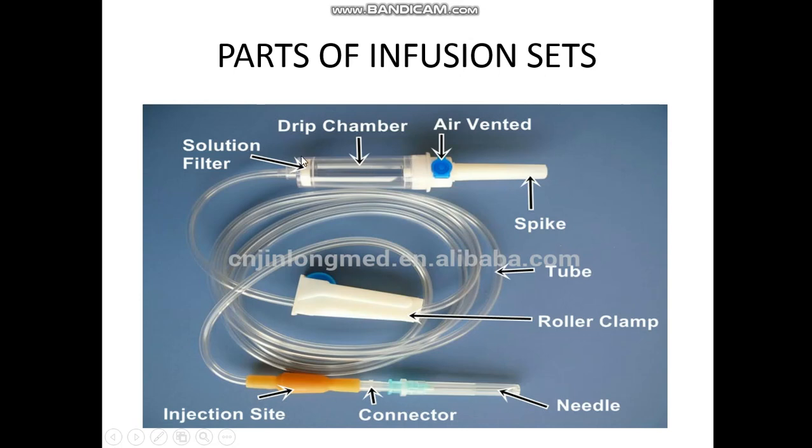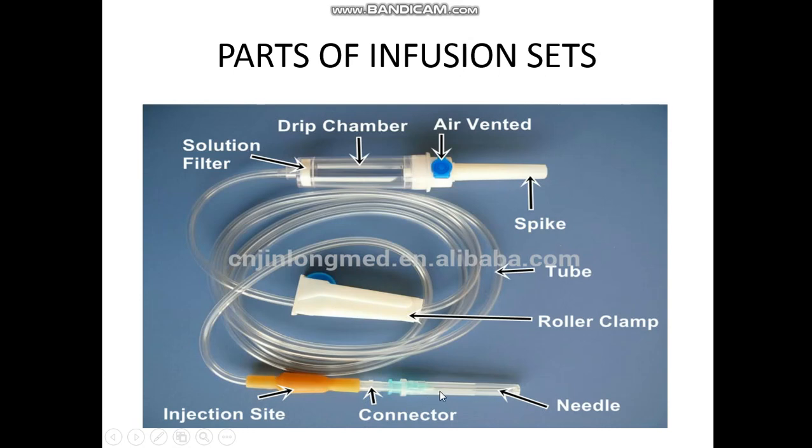Then this is the solution or drip chamber, and here there will be a filter which will filter the potential contaminants from the medication. Then these are the tubings, and this is the roller clamp. By using this roller clamp, we can regulate the flow rate of the medication.